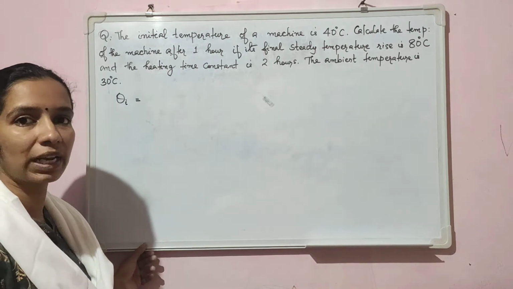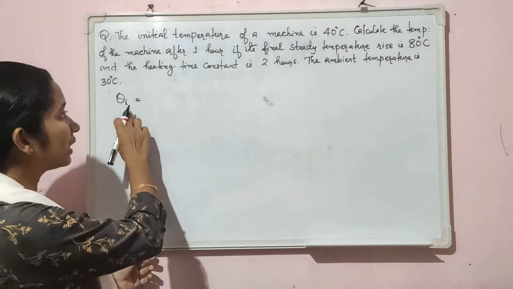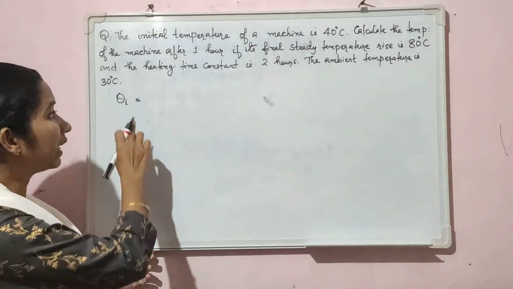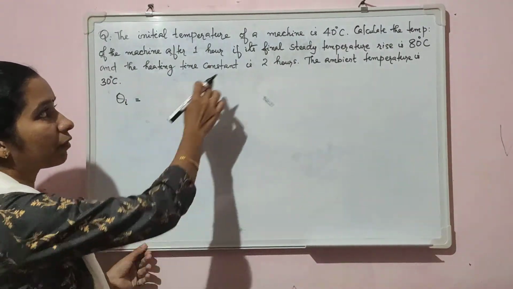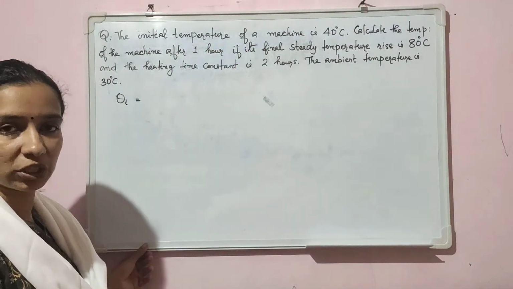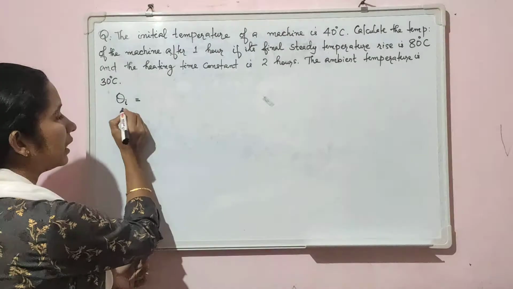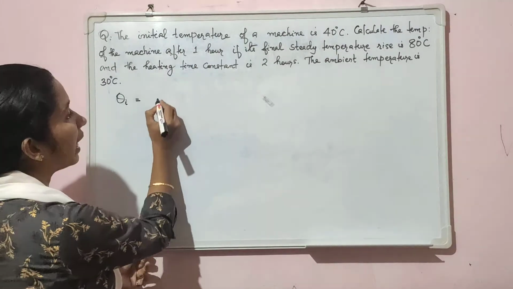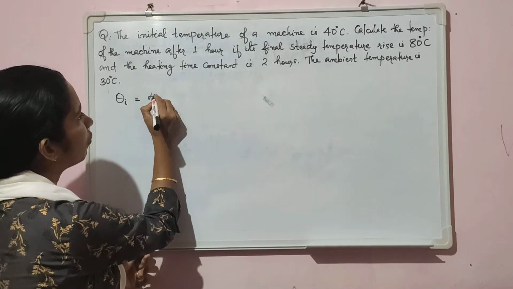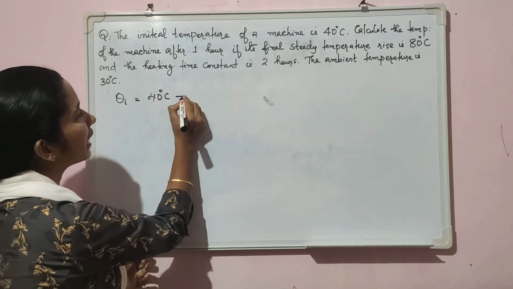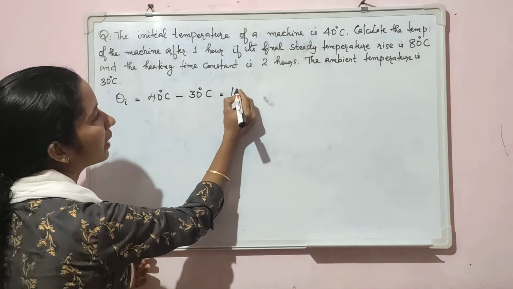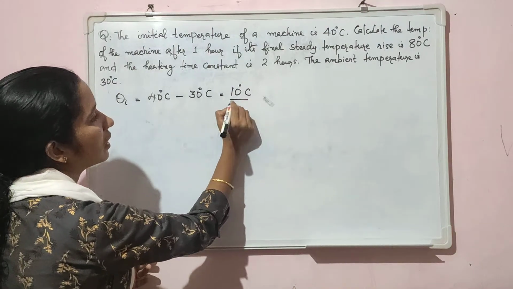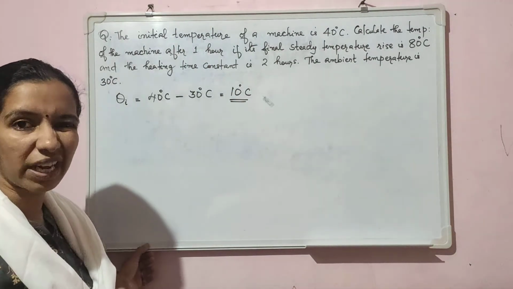So in order to get theta I, we have to subtract the ambient temperature from the initial temperature of the machine. So initial temperature rise theta I will be equal to 40 degrees Celsius minus 30 degrees Celsius, which is equal to 10 degrees Celsius.